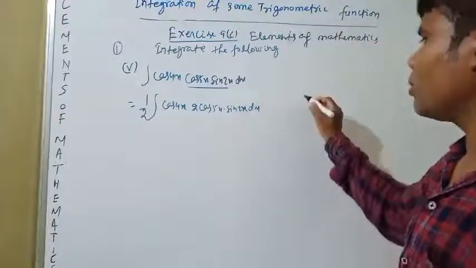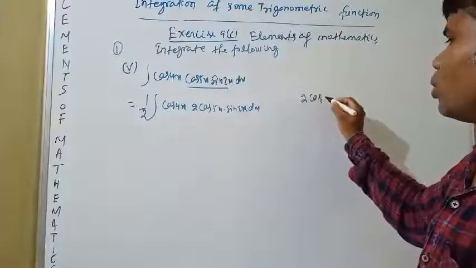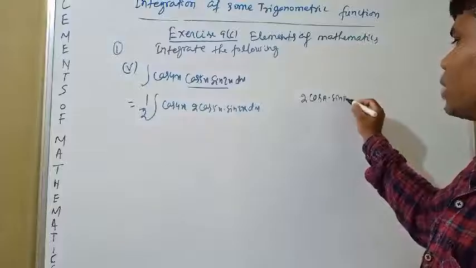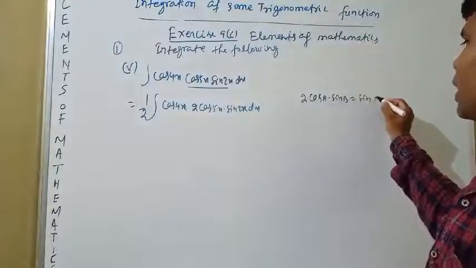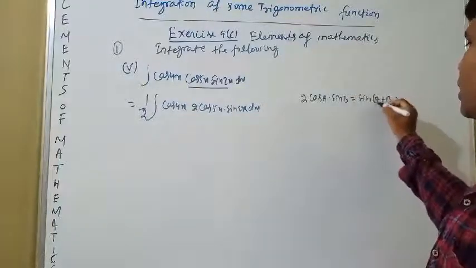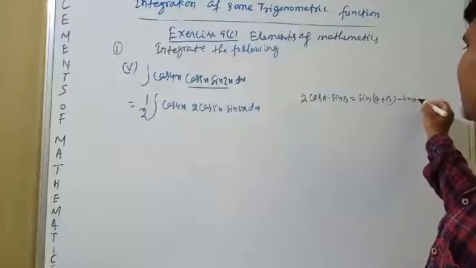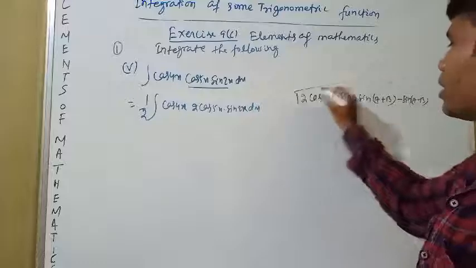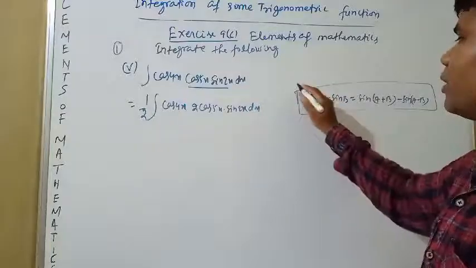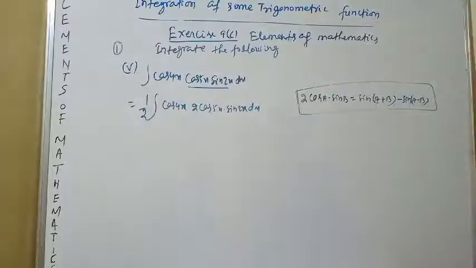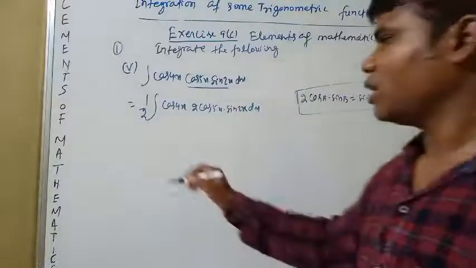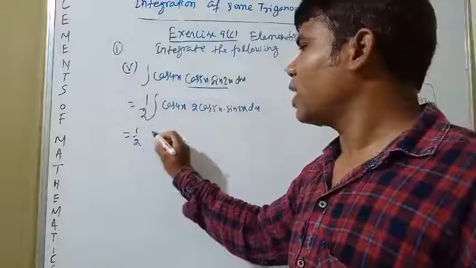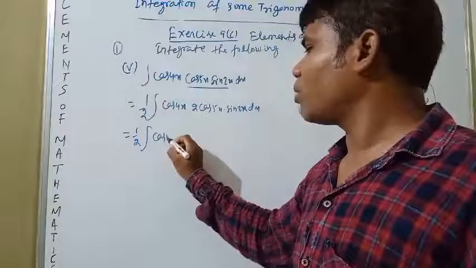You know the formula: 2 cos A into sin B is equal to sin(A plus B) minus sin(A minus B). You recall the formula. Here you apply this, half integration of cos 4x.